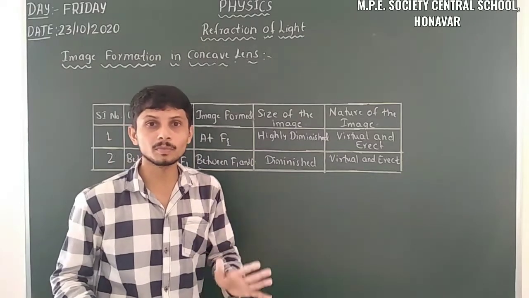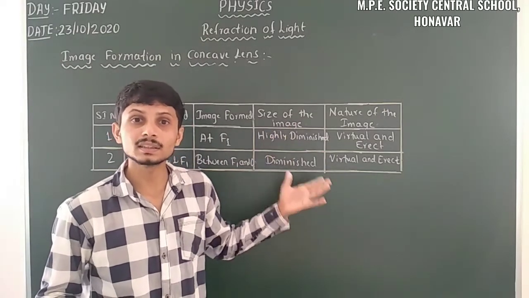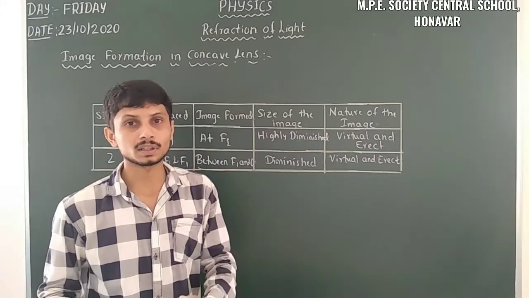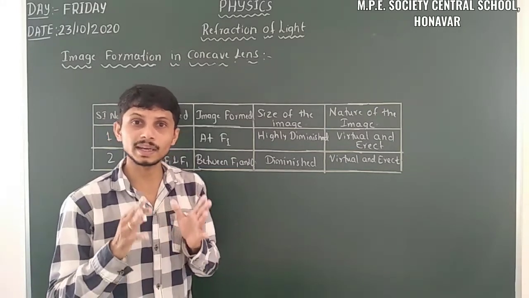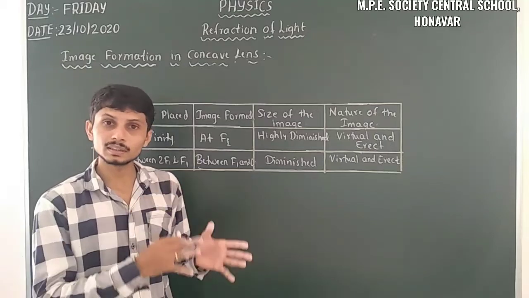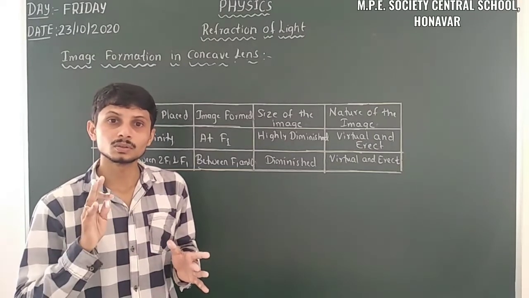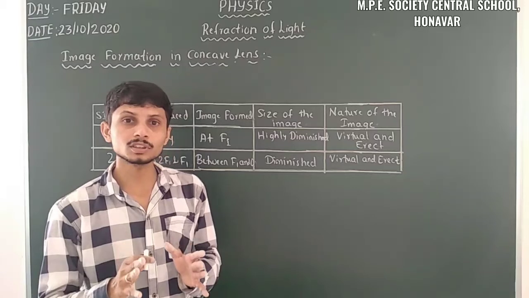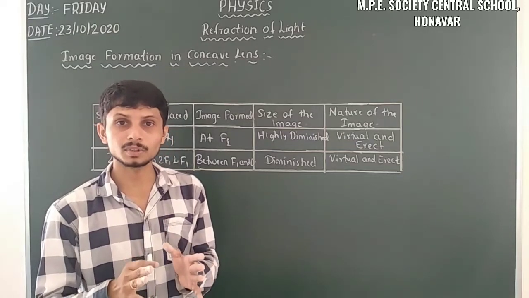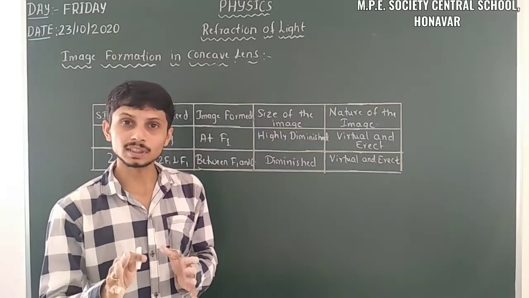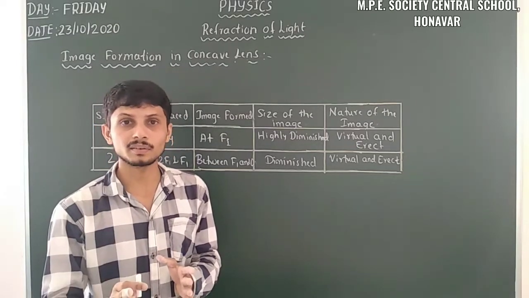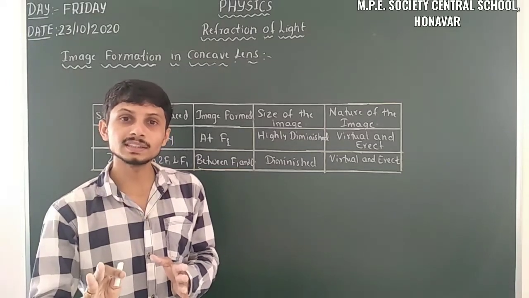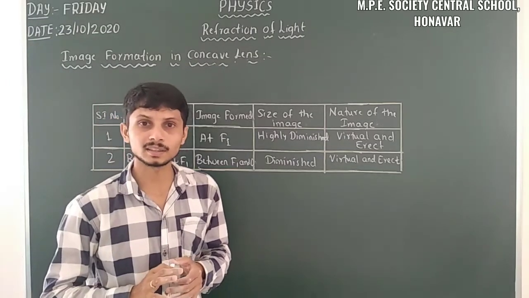You have 5 marks for each image formation in convex lenses and concave lenses. We have all the 8 cases. Better you learn all the cases, because in the examination those cases carry 5 marks, so we can easily get 5 marks.